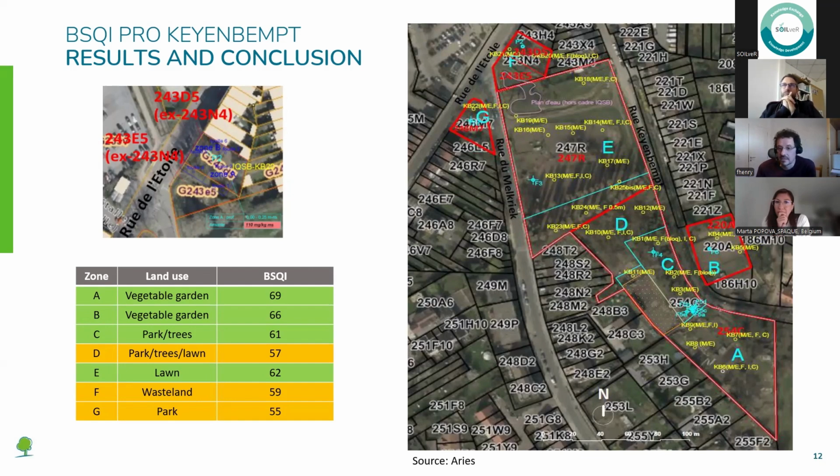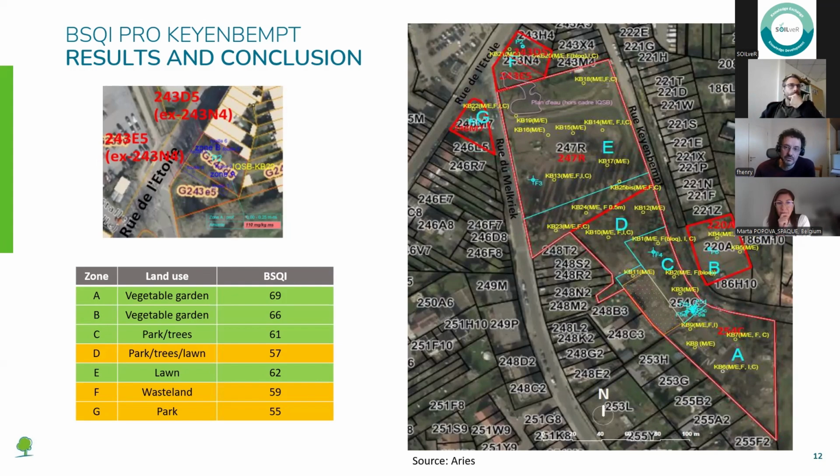The soil contamination detected by the initial pollution studies. The multiplication of players with different objectives: municipality, SLRB, Bruxelles Environnement, gardeners. The consideration on the ground, presence of wetland, and finally, the result of the BSQI, which you can see in the table below.